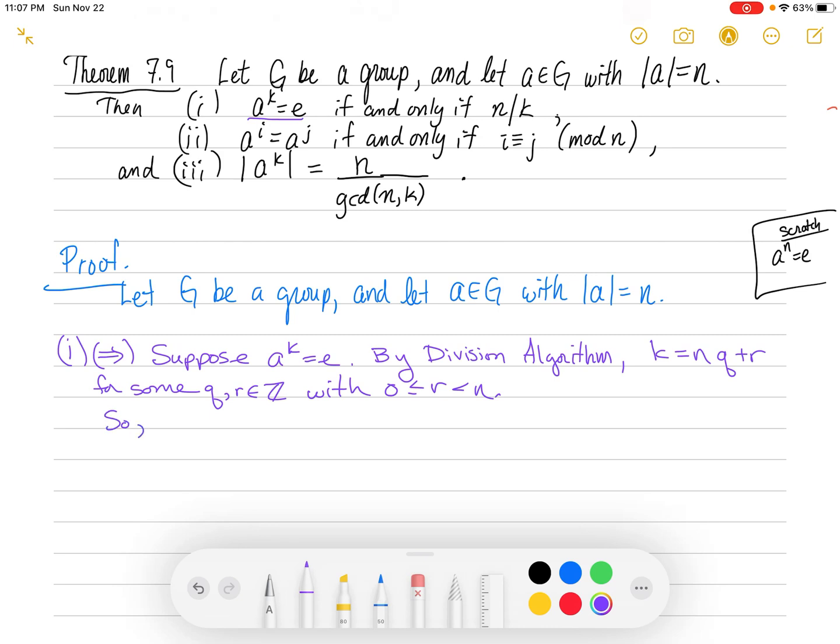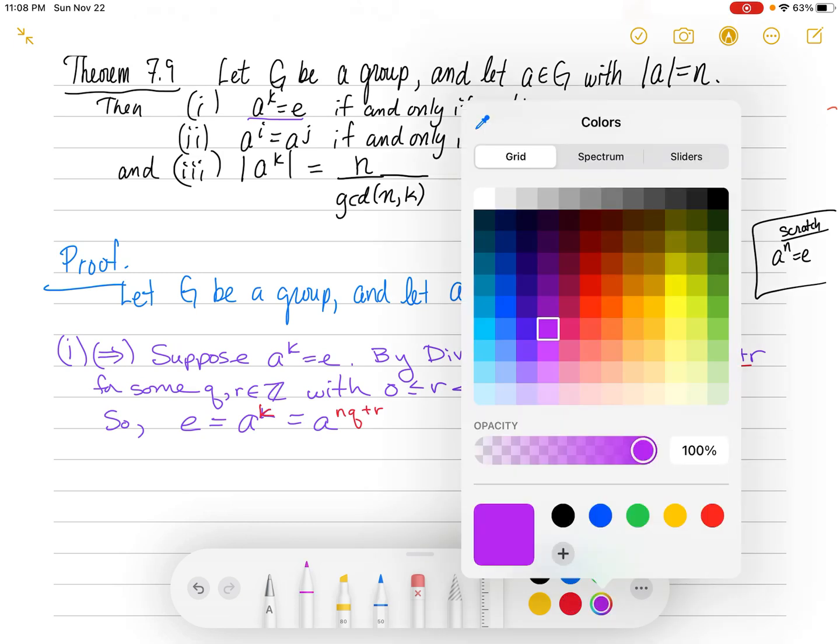Okay, so what does that mean? That means a to the k, on one hand, we know is the identity, and on the other hand, we know that k, here in red, is nq plus r. So we can break that up as follows.